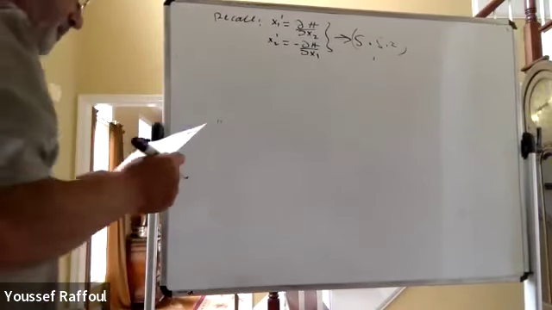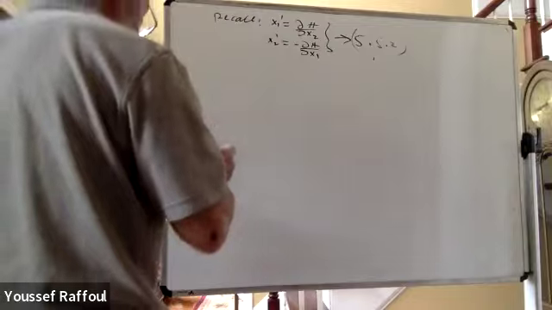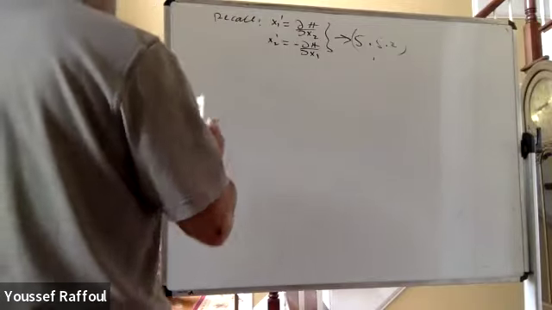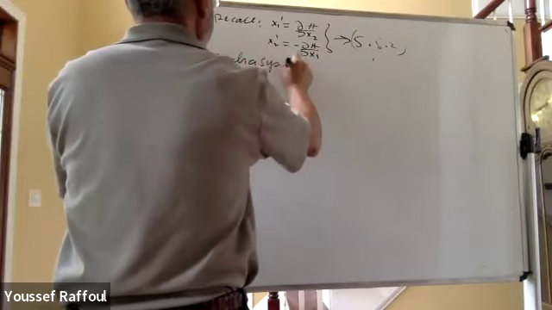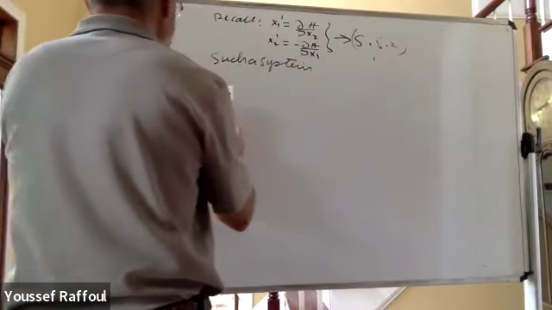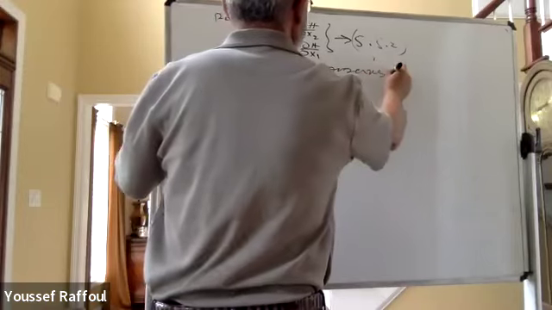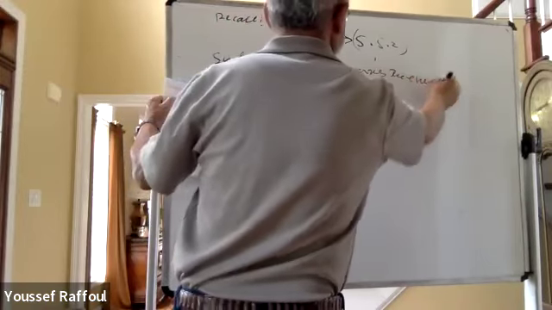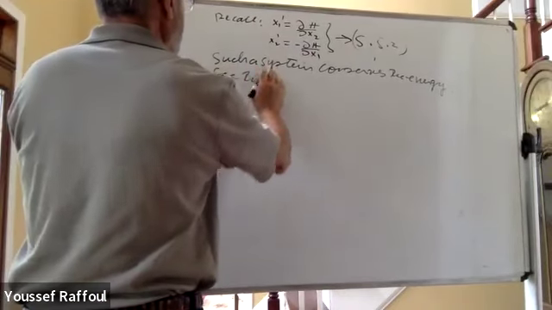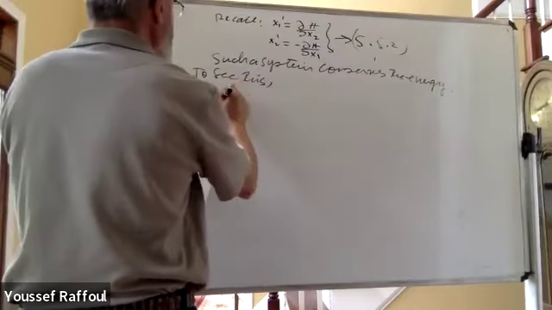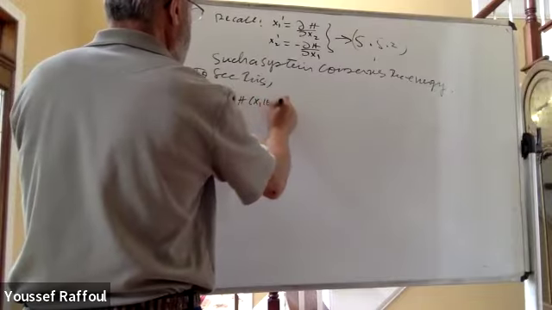And I'm saying if you have such a system, such a system conserves the energy. To see this, we look at d over dt of h of x1 of t as we did before.